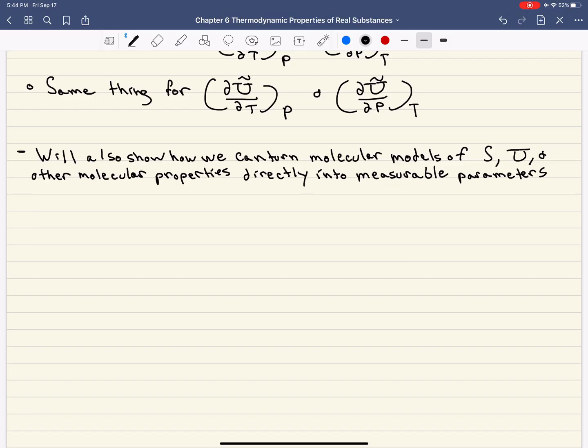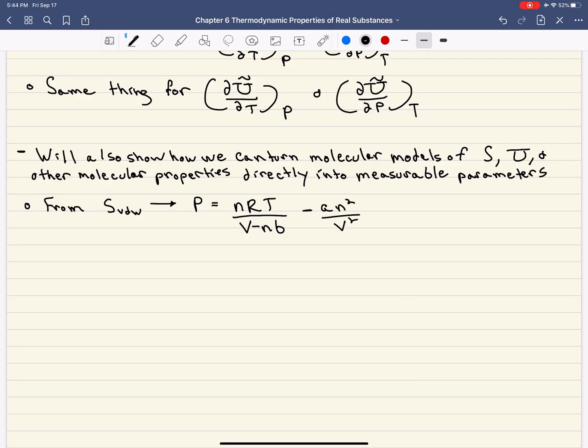One example of this is that entropy equation for the van der Waals gas that I showed earlier. We'll show you how you could directly turn that into an equation where P is equal to nRT over V minus nB, minus A n squared over V squared.